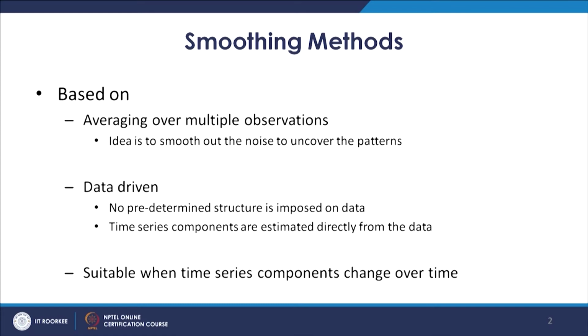They are suitable when time series components change over time. Typically the regression based forecasting methods that we have discussed in the previous few lectures are more suitable when the components do not change quite frequently, and therefore, we can structurally model them, which is why we use the regression models.